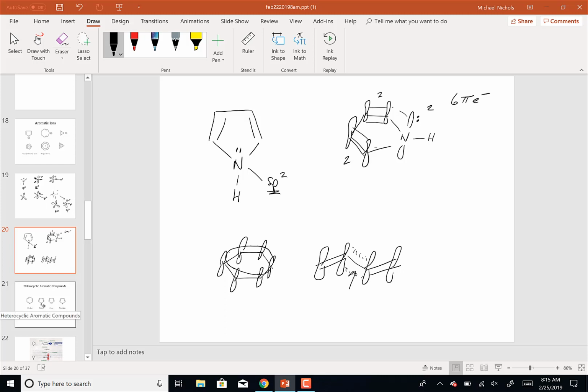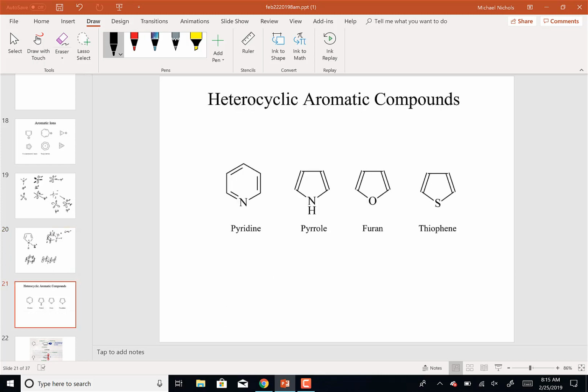If we go to something like pyridine here, pyridine is already sp2 hybridized because that nitrogen has, according to VSEPR rules, 1, 2, 3 sets of electrons, so it would already be sp2 hybridized.